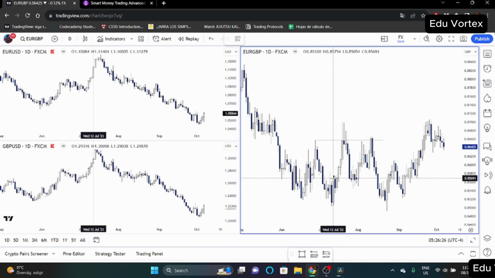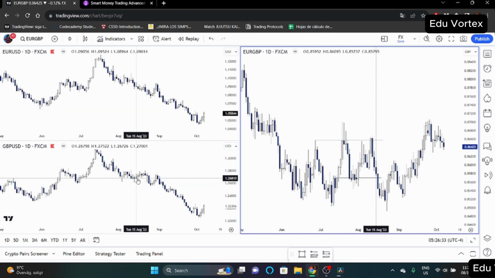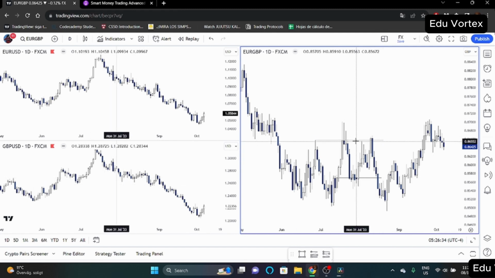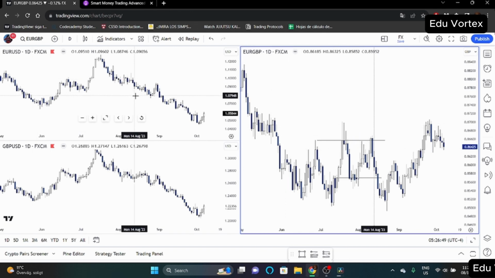When GBP touches an order block, it's displaced higher, so euro is likely to be weaker. Once it touches the rejection block, it is displaced lower, so we're likely to be lower on euro, because this is euro GBP. So we're looking for shorts on euro.